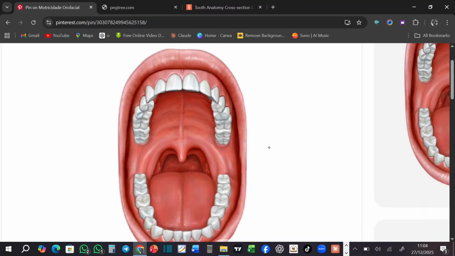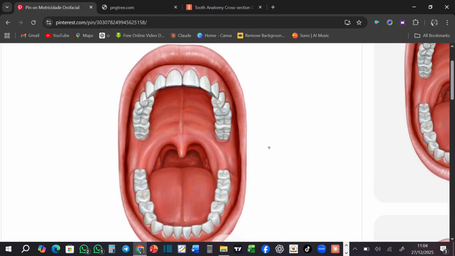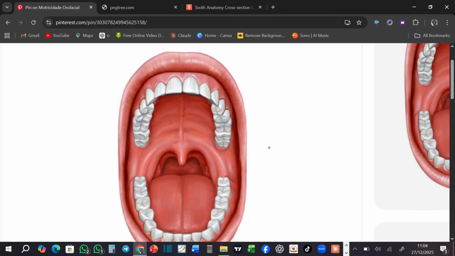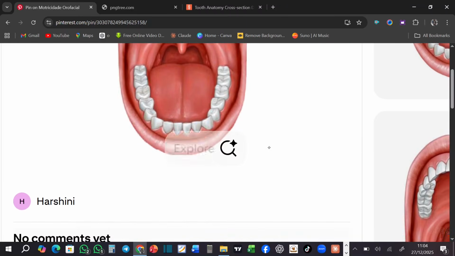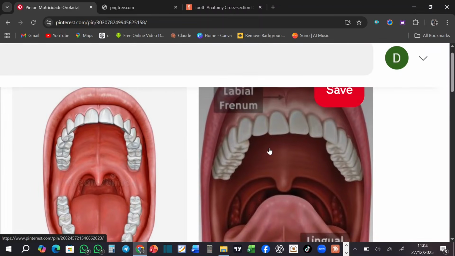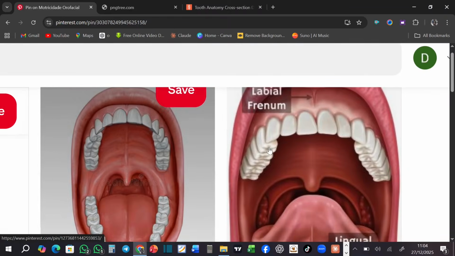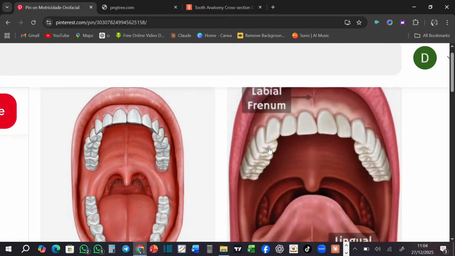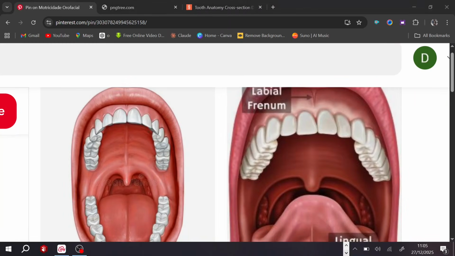Okay, that's how it is. So the front ones, they are incisors. Then these ones on the sides are canines. Then the premolars, molars. Good. So now we move on.